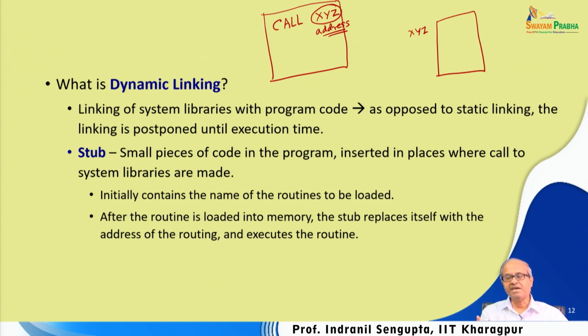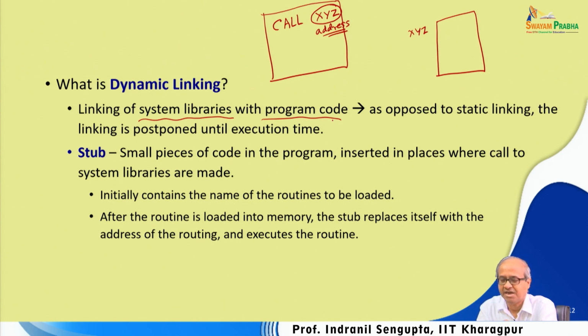Now, dynamic linking means that this linking I can also do at runtime. There are many ways to do it. One popular way is to use something called stubs. Basically, we want to link some system library, let us say this XYZ is one of the system library functions, with my program.